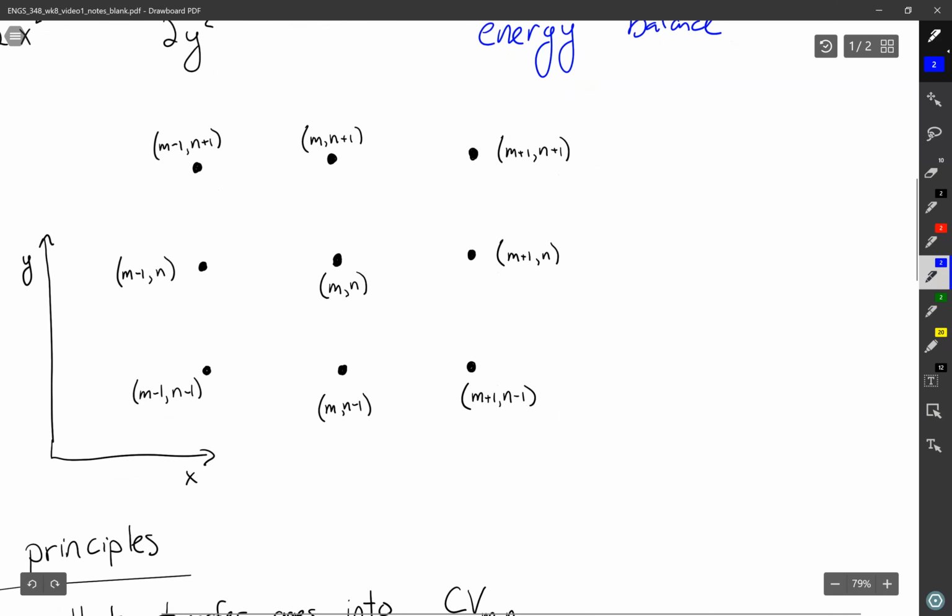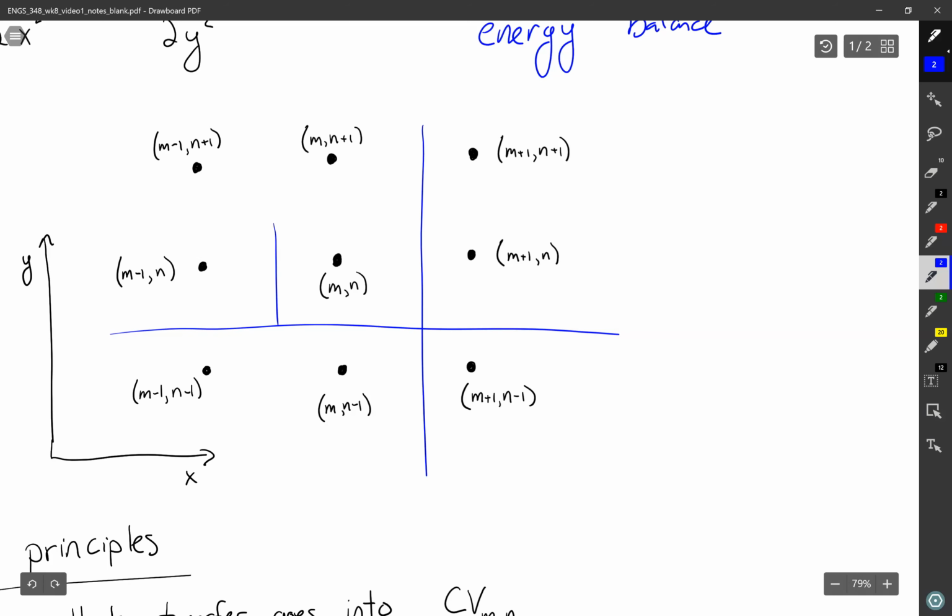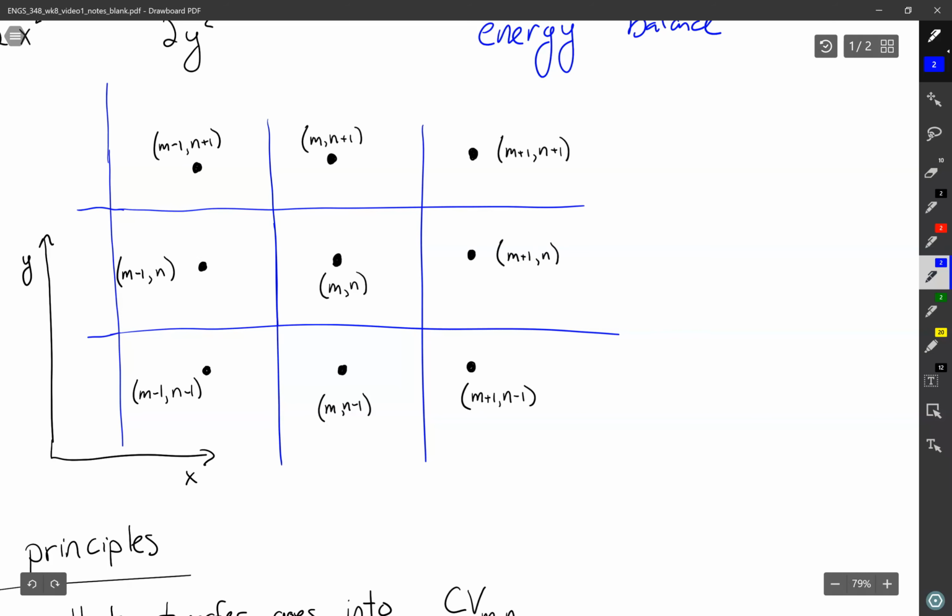What we can think of is having diced up this section into a grid, something like this. These continue on.